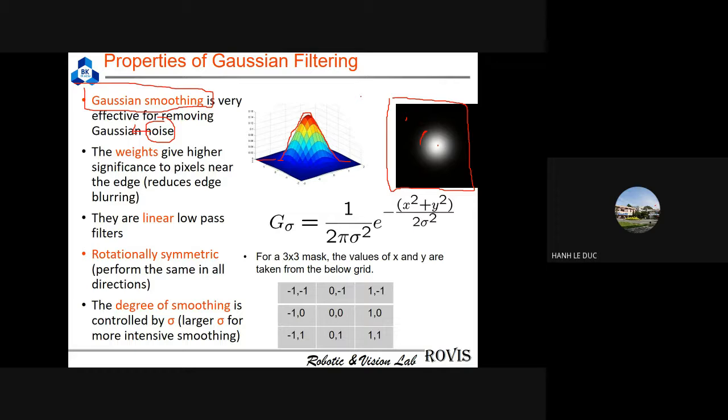One pixel has the intensity, for example, 100, and one pixel has the intensity, for example, 102 or 106 or something like that. If they are nearby and you apply the Gaussian filter, the dark one will become darker, and the bright one will become brighter. This is the function of the Gaussian filter, right?